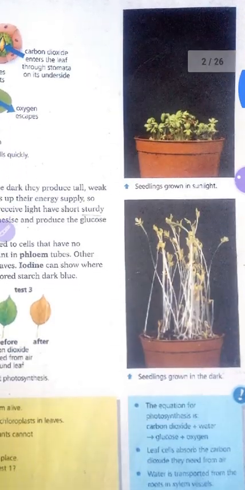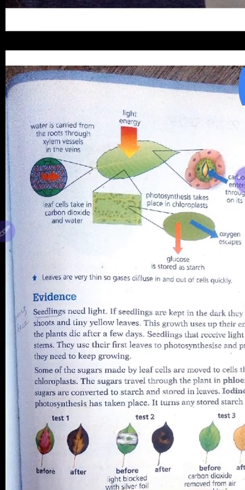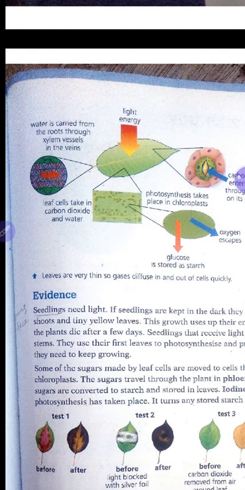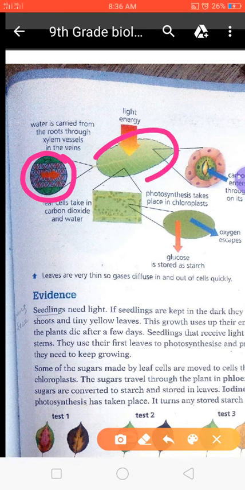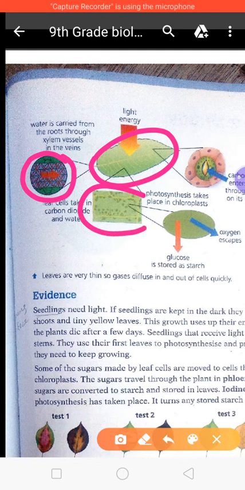Let's discuss the collection of material for the process of photosynthesis. The water is taken by roots of the plant, and it is transmitted by xylem into the upper parts of the plant. In a similar way, sunlight is taken by the leaf for the process of photosynthesis, and another substance, that is carbon dioxide, is taken by stomata.